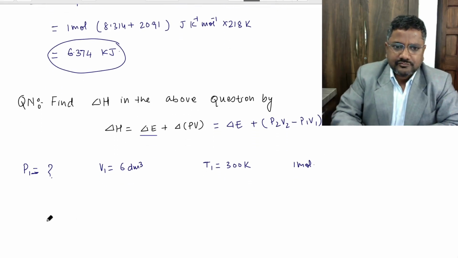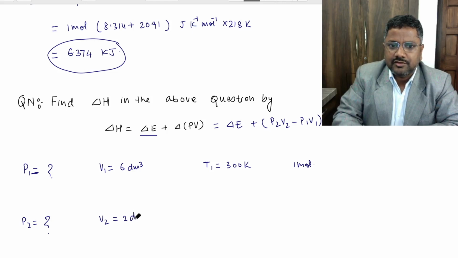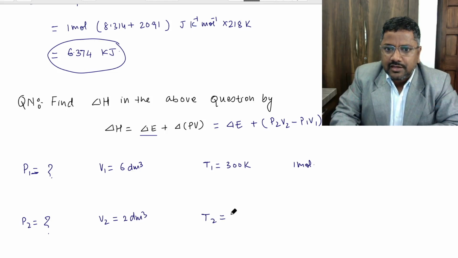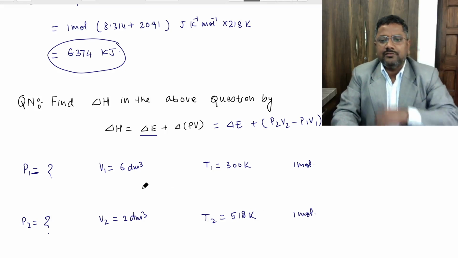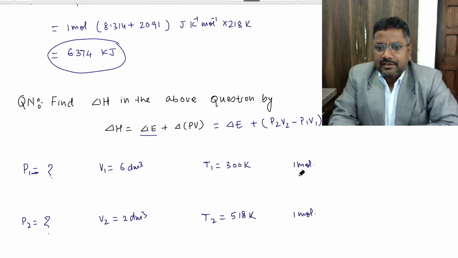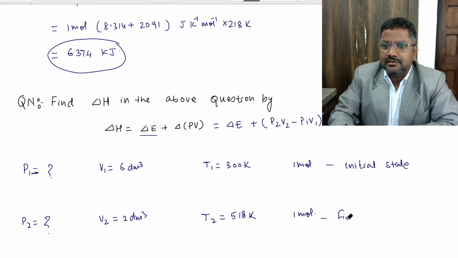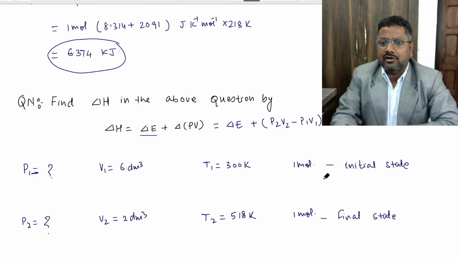Now see, P2 you do not have, V2 you have, V2 is equal to 2 dm3, and T2 is equal to 518 Kelvin, 1 mole. So you have volume, temperature, and 1 mole. This is the initial state, and this is the final state. In initial and final state, you have temperature, volume, moles.